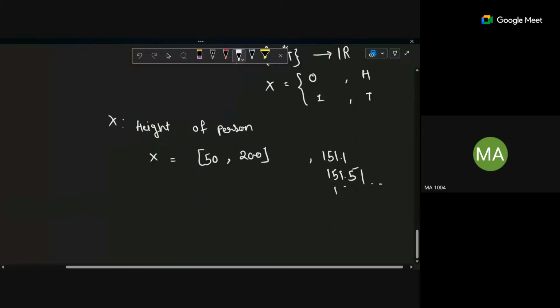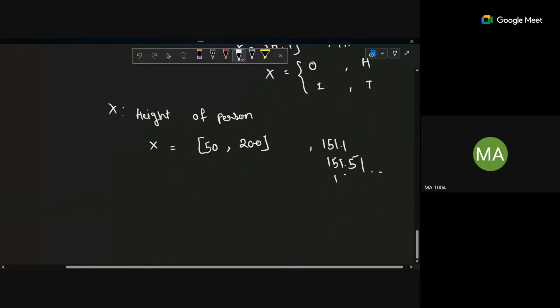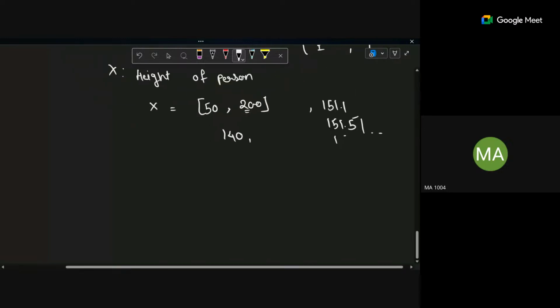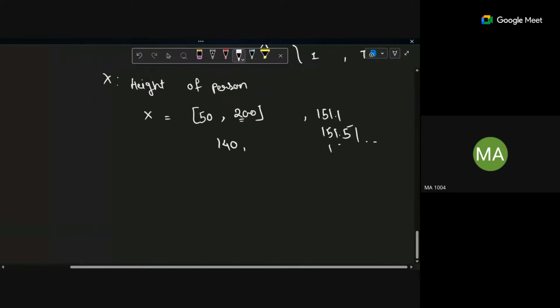Let's say you have collected data in some particular region where most people have height around 140 to 150. And obviously a person having height 200, that means more than 6 feet, is actually rare, right? And a person having height 50 is also rare.